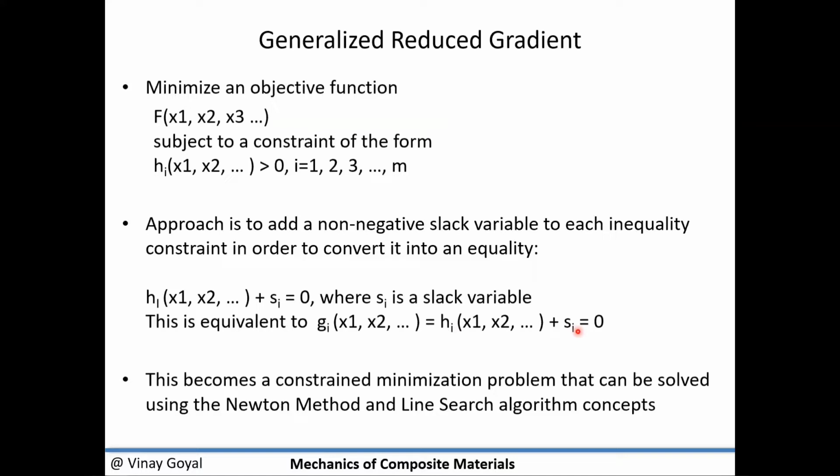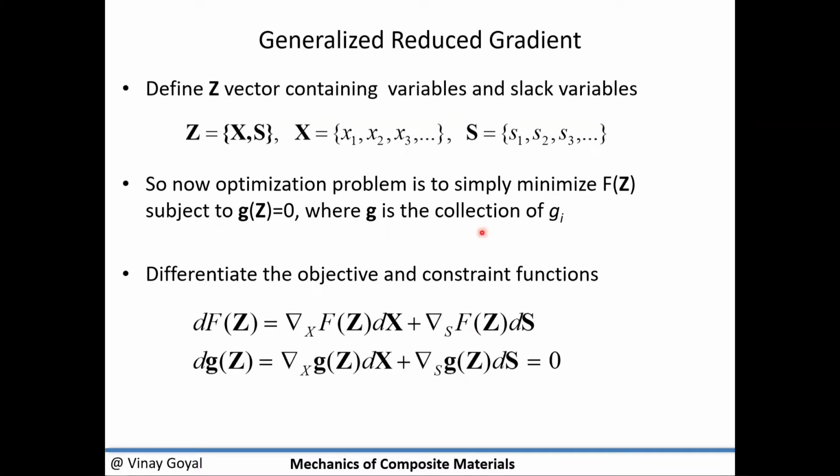So this is your constrained minimization problem, and it involves the usage of Newton's methods and line search algorithms. We want to define a vector Z containing variables, design variables and slack variables. So these are the design variables, and these are the slack variables.